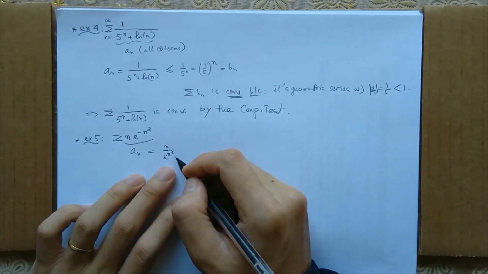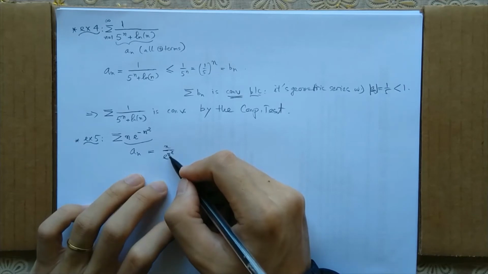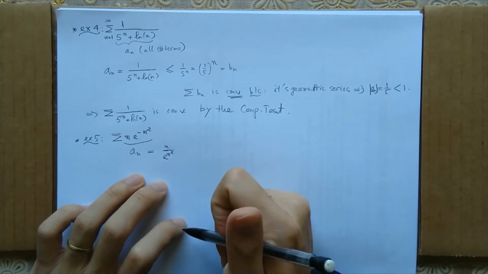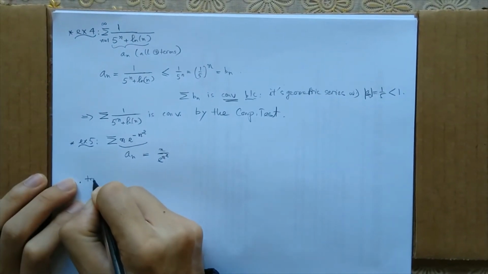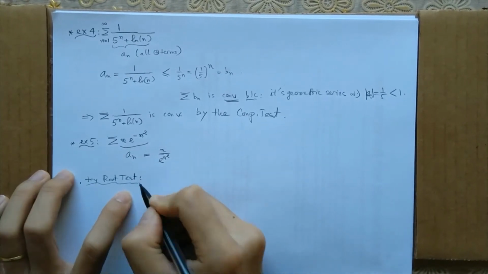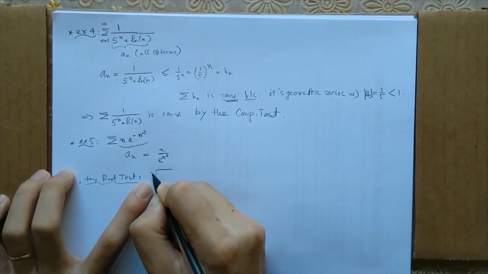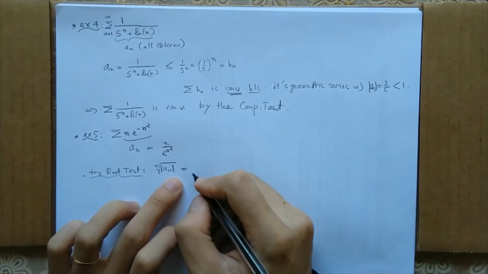Well, let's think what we can use here. We see the power n. Root test is going to help. So try the root test. For the root test, we take the nth root of the absolute value of a_n.